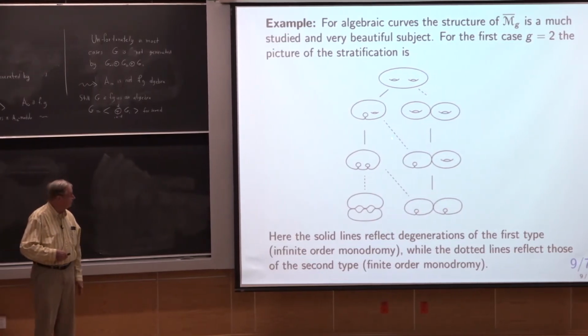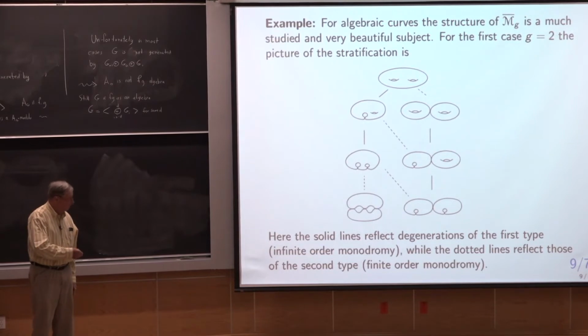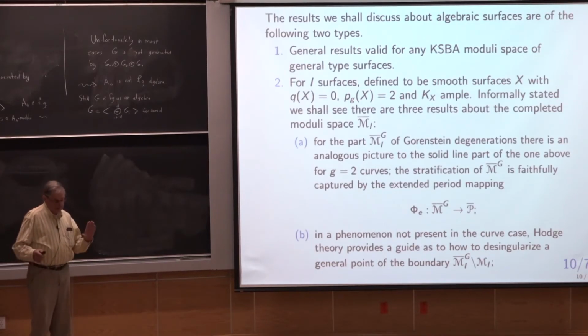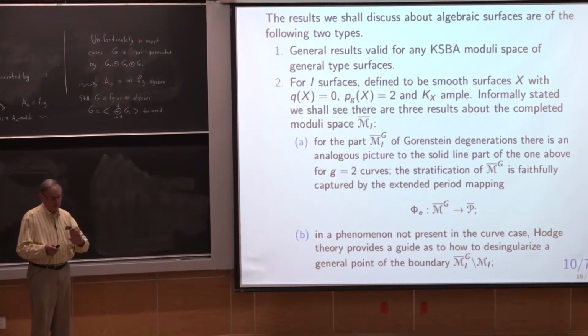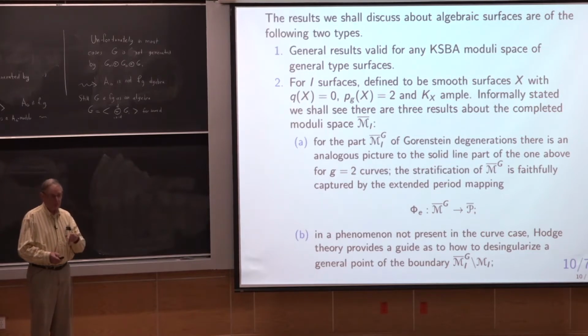These are the ones with finite monodromy. And this picture will persevere in higher dimensions. We're going to see when you come to surfaces that it's very convenient to organize how the moduli looks according to whether the monodromy is of finite or infinite order.